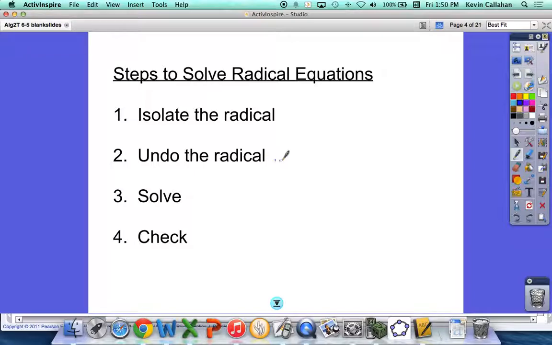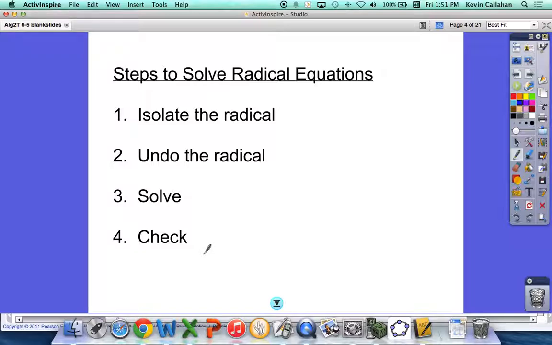For these, what we mean by undo the radical is, if your radical is a square root, what do you think you'll do to undo it? Square both sides. If it's a cubed root, what will you do? Cube both sides. So what you do to undo it depends on what the radical is. Once you've undone it, there will be something left to solve.